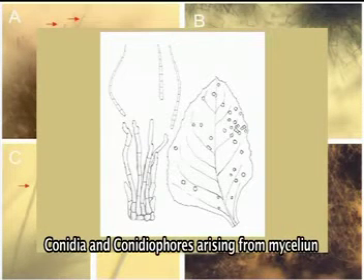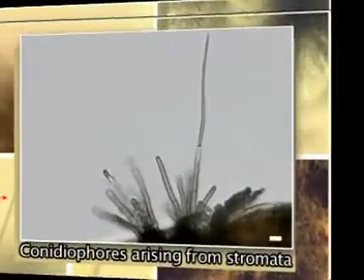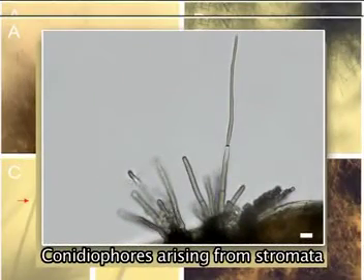Fungi imperfecti, which form spores directly on the hypha or on the sporophores, which may be free or aggregated, but never in pycnidia or acervuli, are placed in the class Hyphomycetes. Cercospora also belongs to Hyphomycetes.